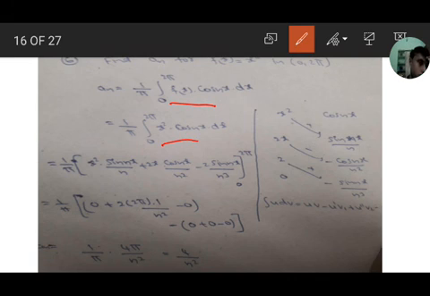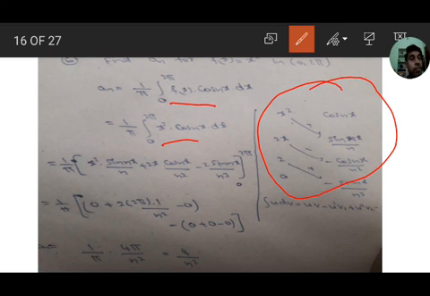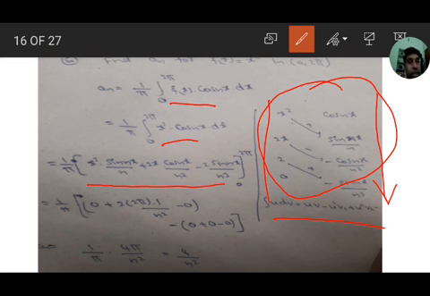Substitute f of x value here: x square into cos nx by Bernoulli's rule, x square derivatives and cos nx successive integrations, and formula u into dv equal to uv minus u dash v1 plus u double dash v2 minus u triple dash v3 plus so on. It is the answer, plus simplification, and upper limit minus lower limit, and cos 2n pi value is 1 and sin 2n pi value is 0. Cos 0 is 1 and sin 0 value is 0. After simplification we get 4 by n square.